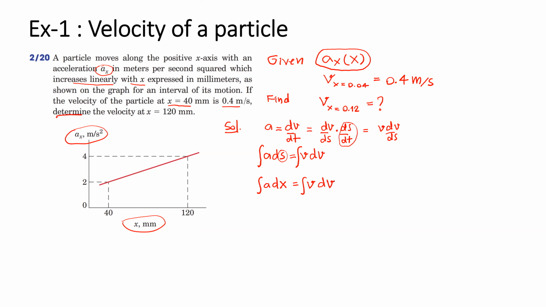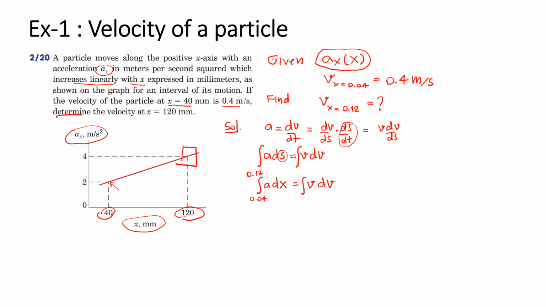For the boundary of the integration, we consider x at the beginning and x at the final, so that we can find the velocity at the final, because we know the velocity at this point. So the limit of the integration is from x equal to 0.04 meter to 0.12 meter.